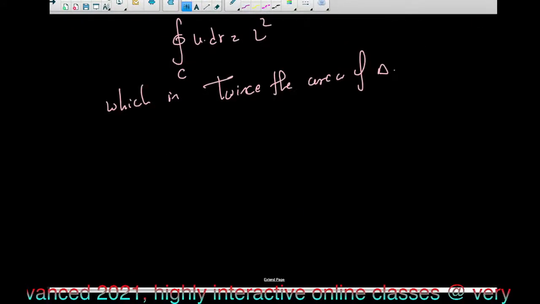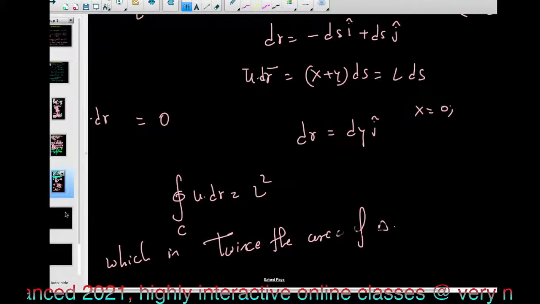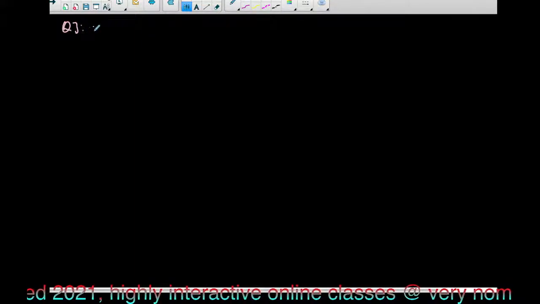One more question we can provide here. Let's do one more question along the same line. Question number 3. Objective type, same question on the same pattern, line integral.